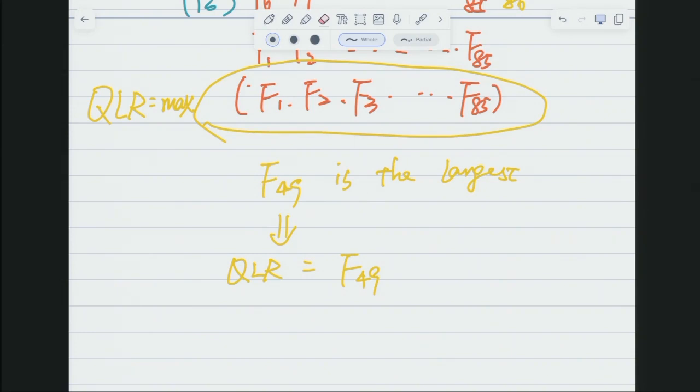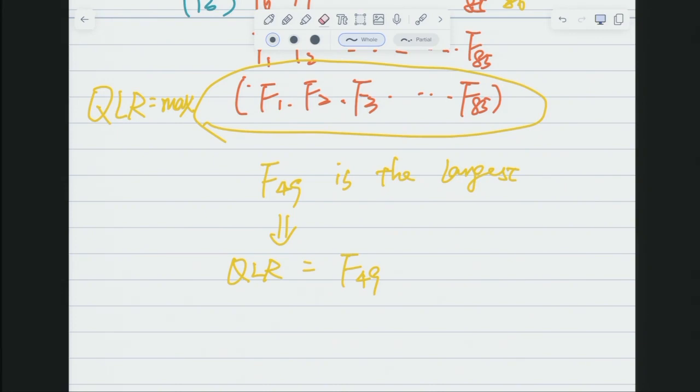So the QLR test requires larger critical values than those for the standard F test, okay? This is something you should keep in mind. This is really because the test statistic is constructed in a different way, okay? The QLR test statistic is the maximum out of all the F statistics for each of the child tests corresponding to each possible breakpoint, okay?